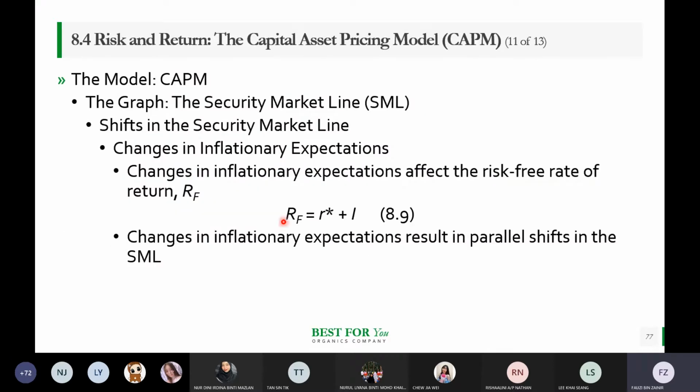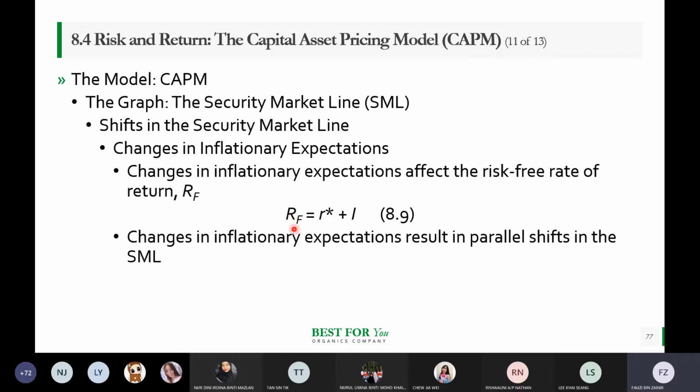Okay, let's look at other things regarding this SML shift in the security market line. What does that mean here? Changes in the inflation rate. So what happens if there are changes in the inflation rate? As we know, the risk-free rate is represented by treasury bills or treasury bonds.